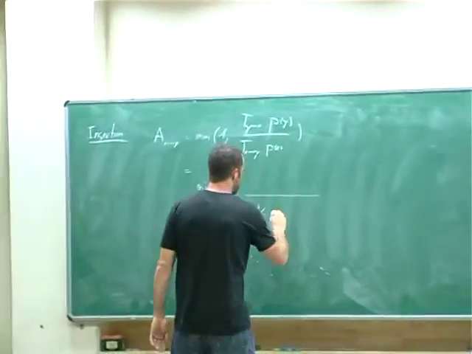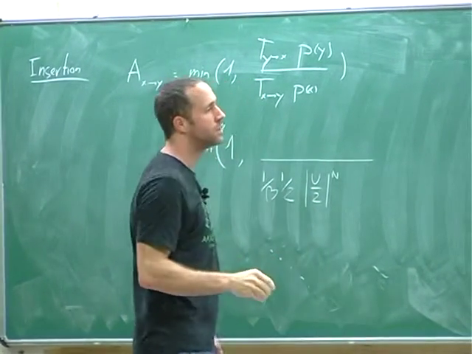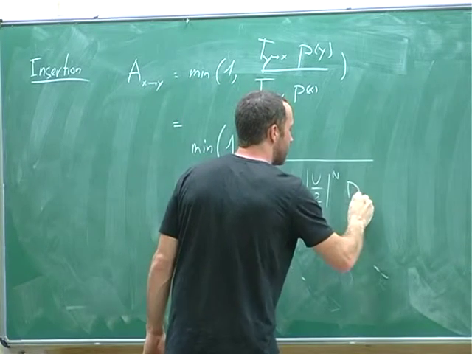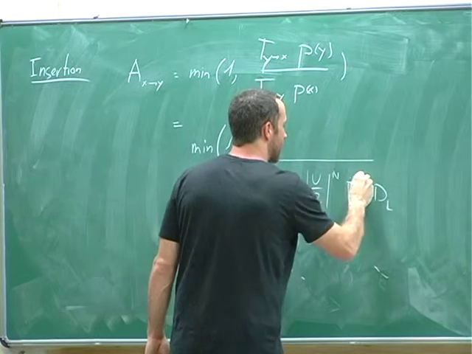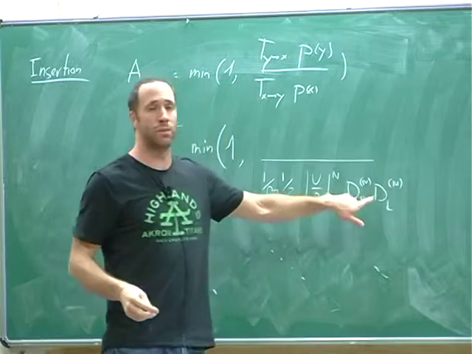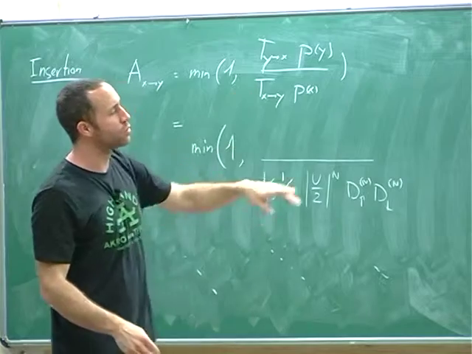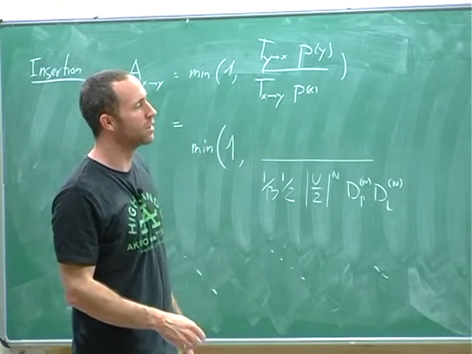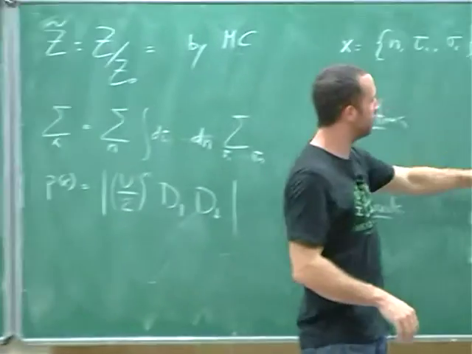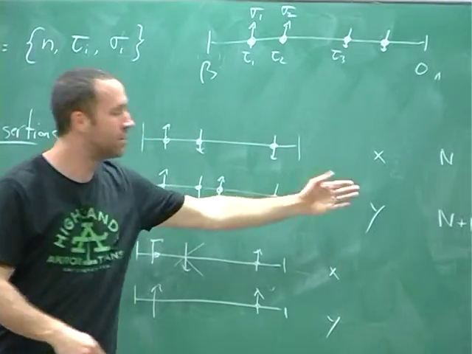The weight of this diagram is u over 2 to the power n, and then there are the determinants, the up and the down. I'll put a parenthesis with n to remind that this is the determinant of an n by n matrix. Now the opposite move, to go from y back to x: I need to pick this vertex, which comes with probability 1 over n plus 1.